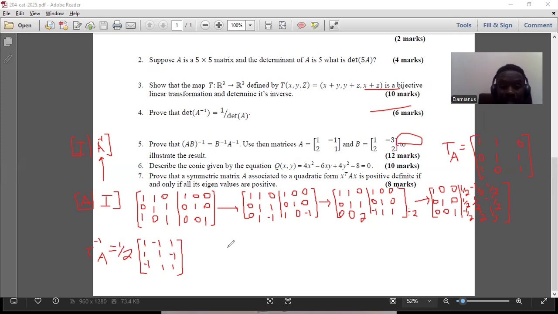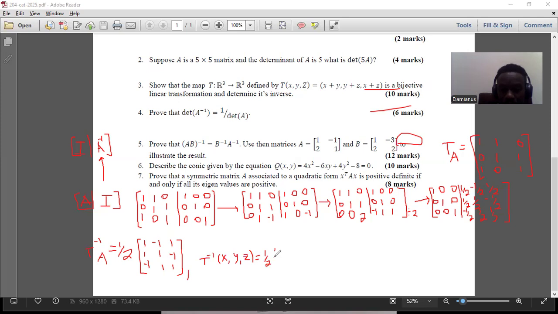What you need to find now is you need to write down T inverse, which takes X, Y, and Z from R3 to R3. But what does it do exactly? It turns out it will be a half.